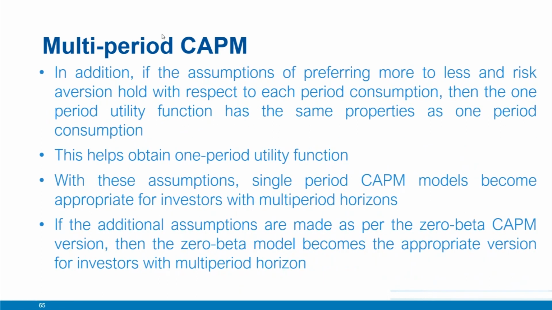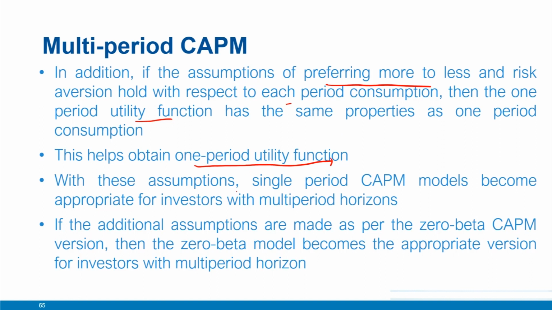Now, in addition to these assumptions, if our good old assumptions pertaining to preferring more to less and risk aversion hold with respect to each period's consumption, then the one period utility function has the same properties as one period consumption, and this helps obtain a one period utility function which can be used to define multi-period investment consumption decision making.